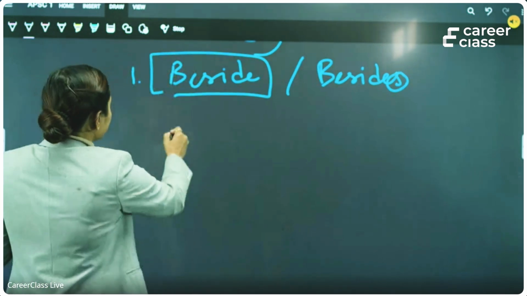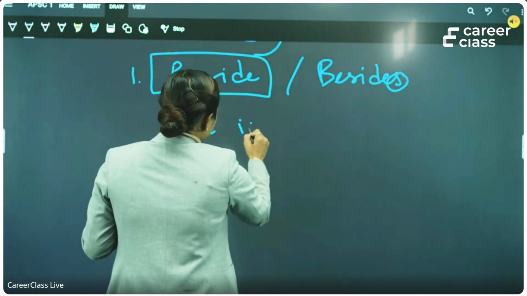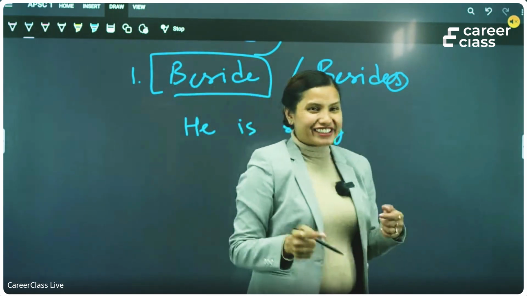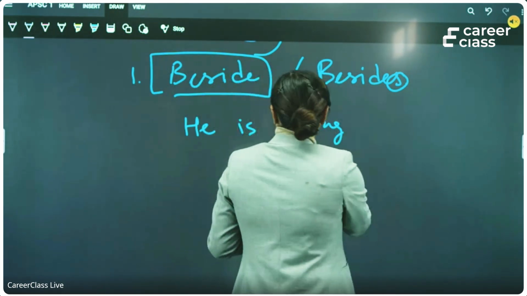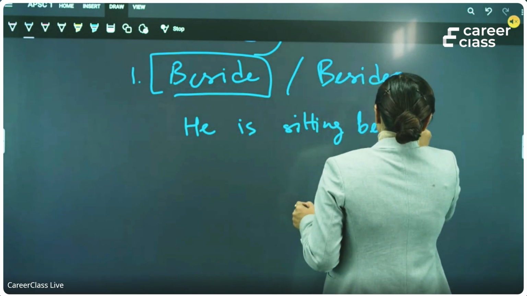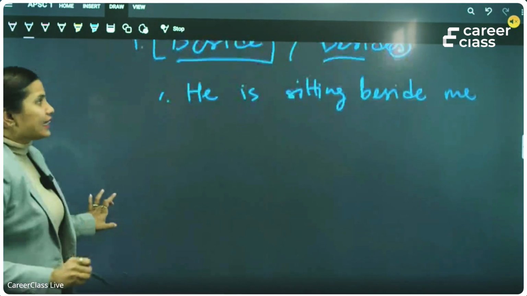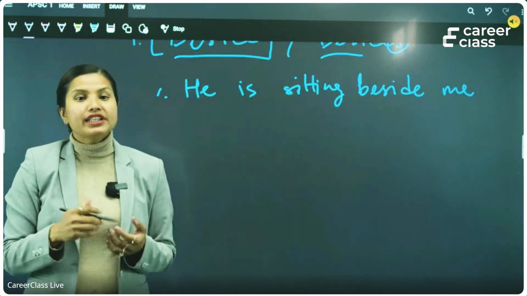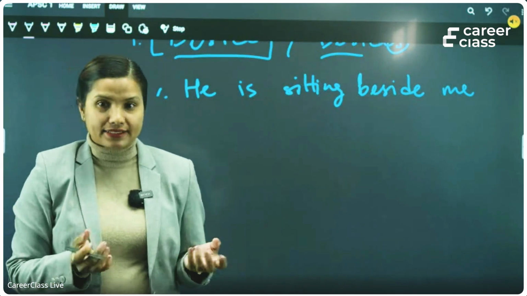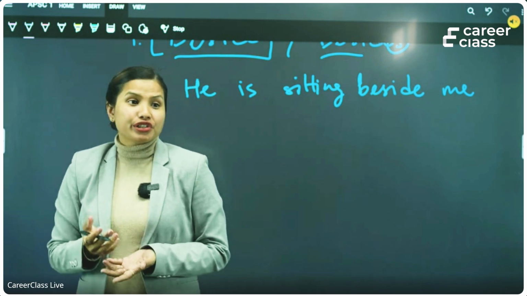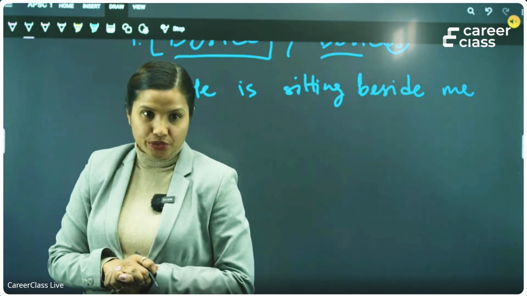Okay, he is sitting beside me, which means what? কাষত তেওঁ মোৰ কাষত বহি আছে হয়নে? He is sitting beside me. And what can be a sentence with besides? What do you mean by besides? Except. In addition to or exception to, right?